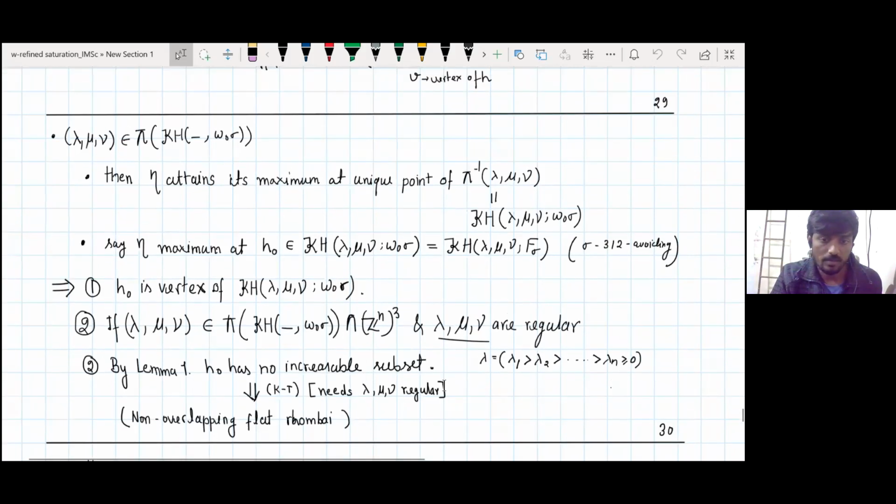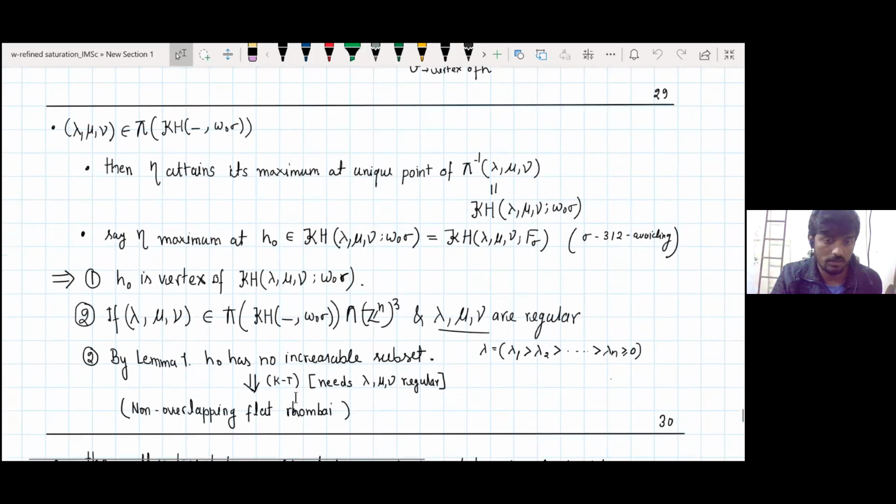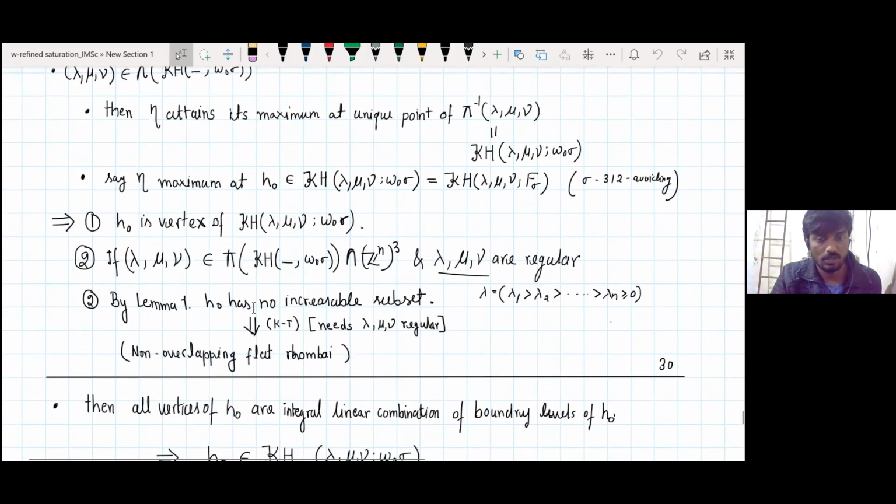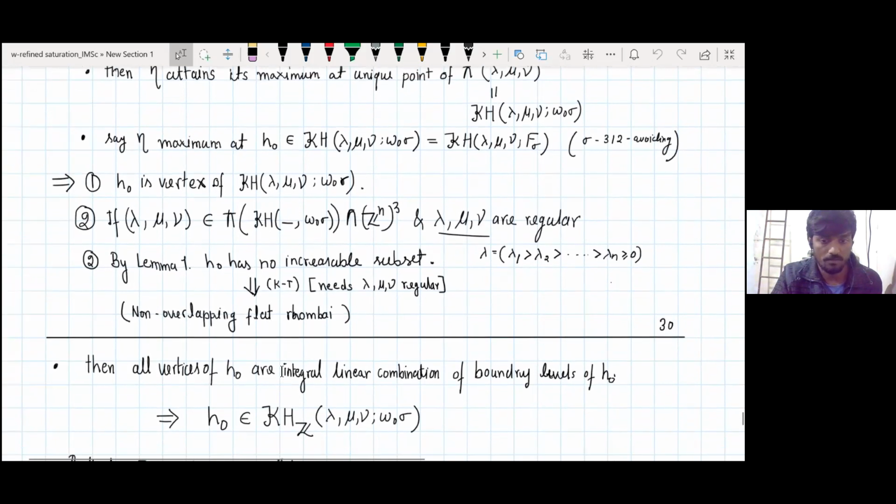And here we need lambda mu nu regular. By taking lambda mu nu regular, Knutson and Tao have shown that this type of hive will have non-overlapping flat rhombi: if it has no increasable subset and lambda mu nu is regular, it has non-overlapping flat rhombi. So we have both conditions, it is a vertex and has non-overlapping flat rhombi.